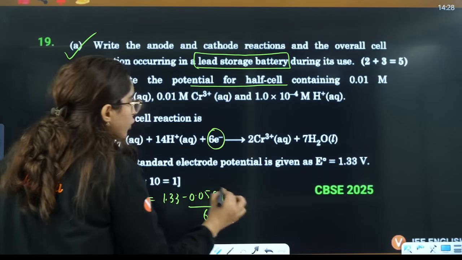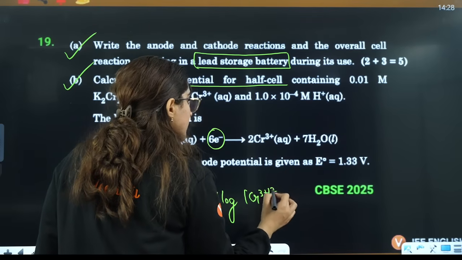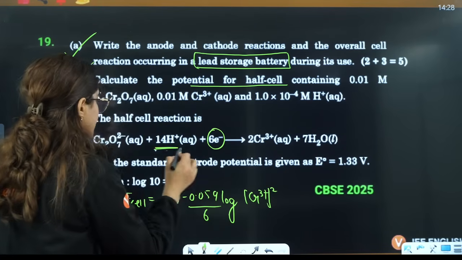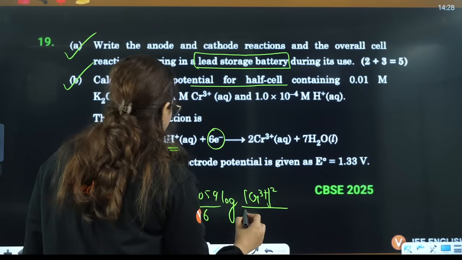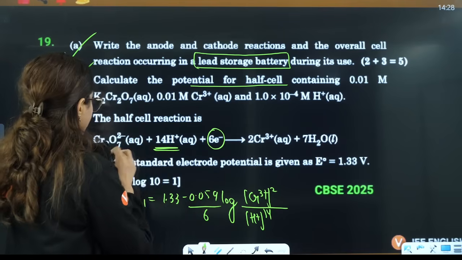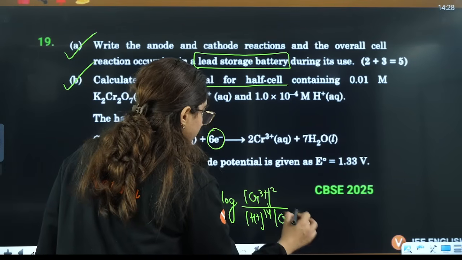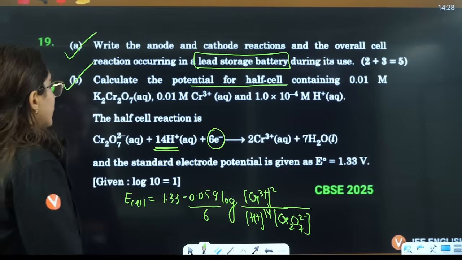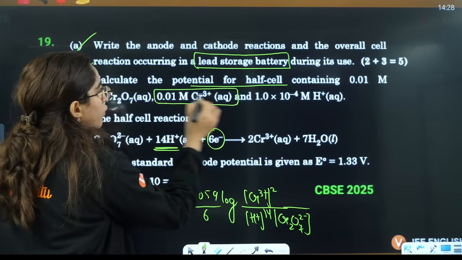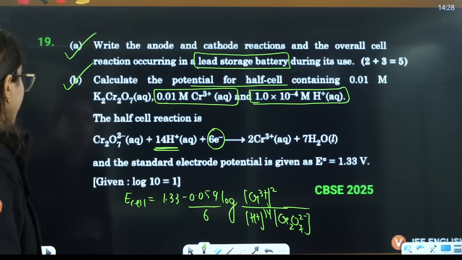This is log of the product, Cr3+ squared, divided by the reactants, H+ raised to power 14 and Cr2O7 2-. See, the concentration of this is given, the concentration of H+ is given, and they are asking you the value of E cell.